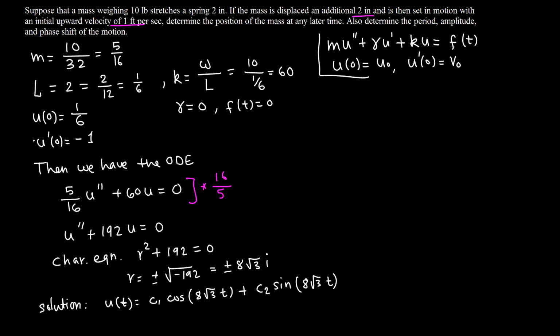Now we need to use these initial conditions to determine c1 and c2. And to use the second initial condition, we need to find u prime. Look at here, u prime means we need to find the derivative.